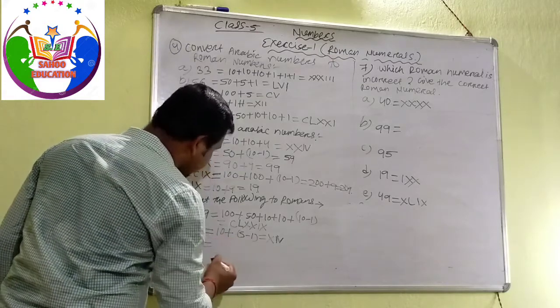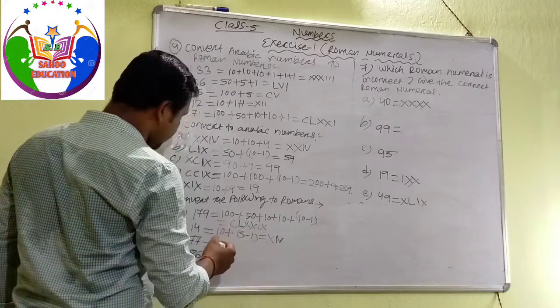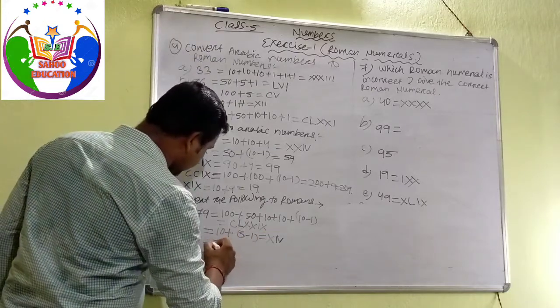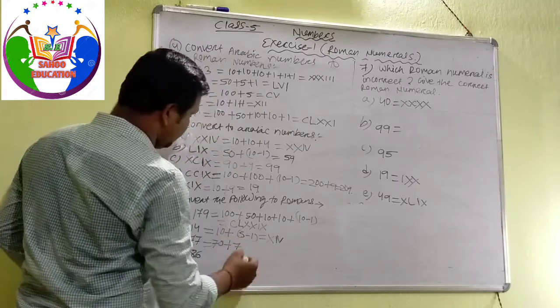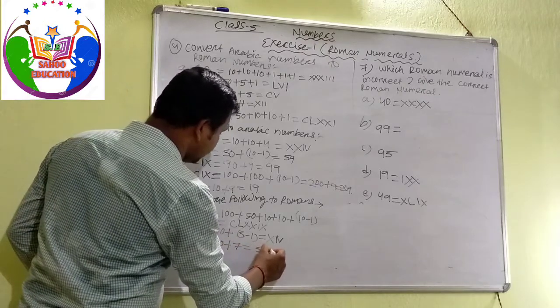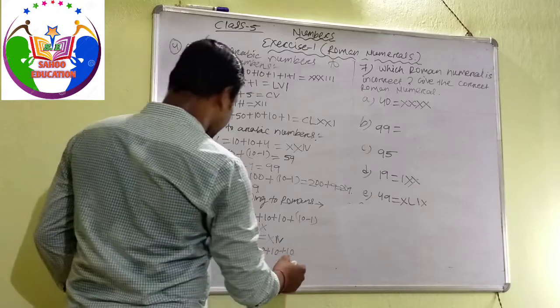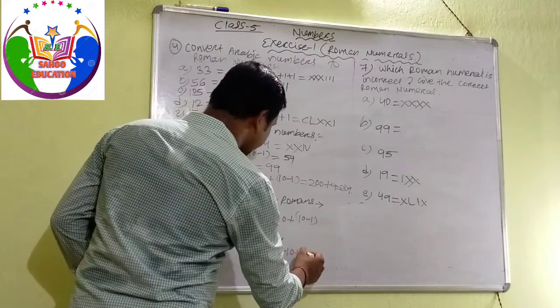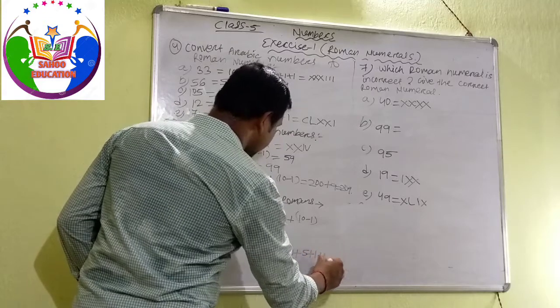So we can write 7 tens plus 7 ones, that is 70 plus 7, which again can be split. 70 can be split as 50 plus 10 plus 10, and 7 can be written as 5 plus 1 plus 1.